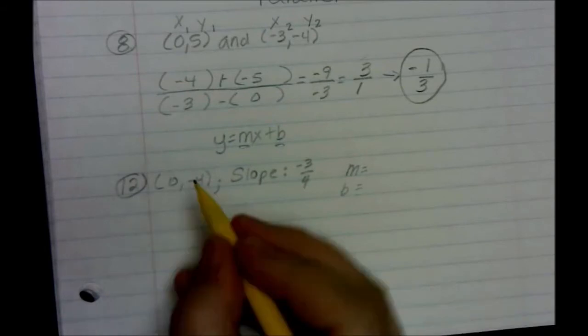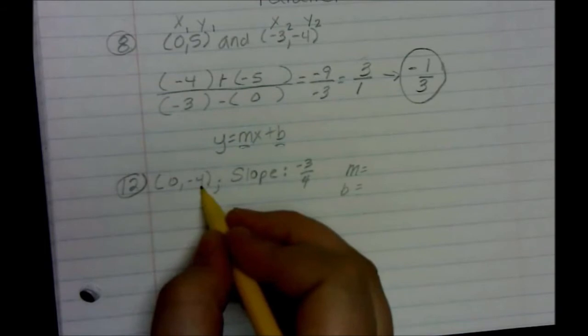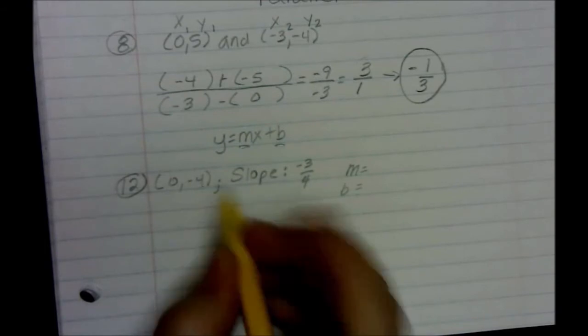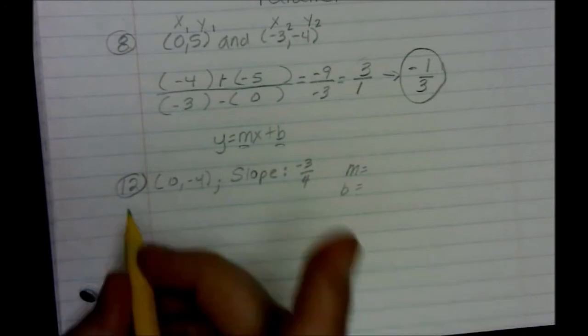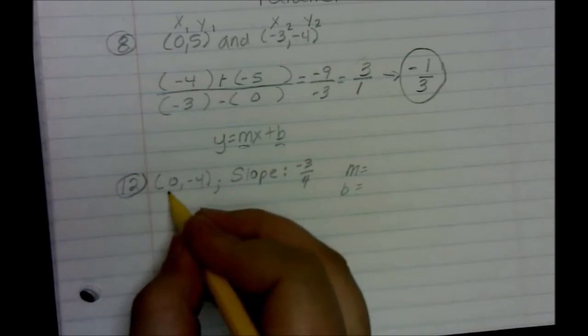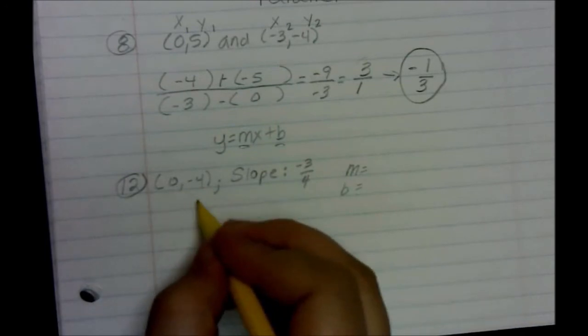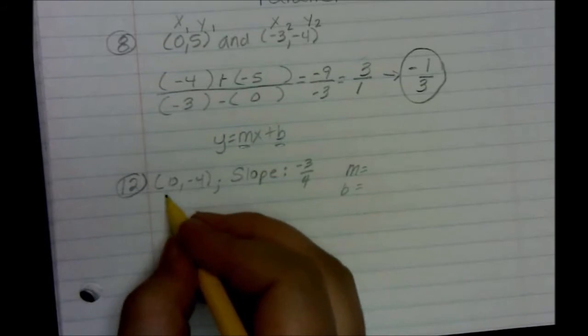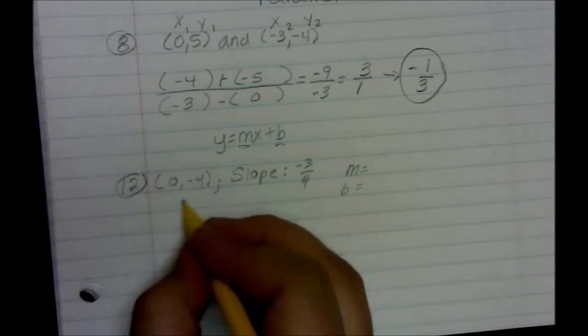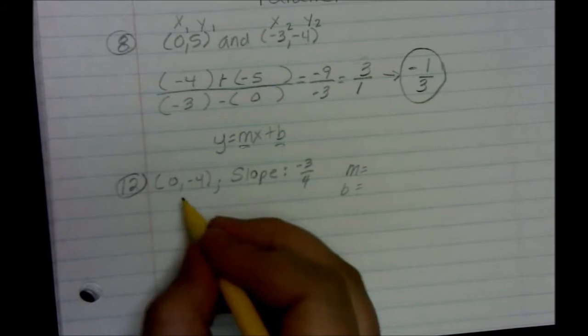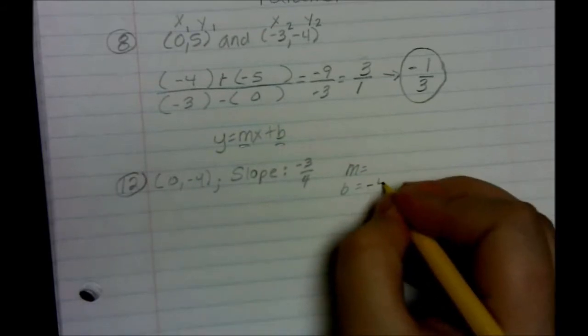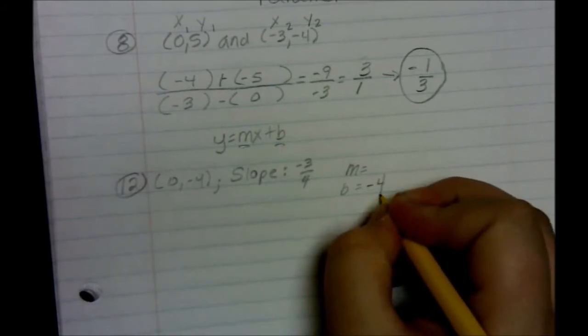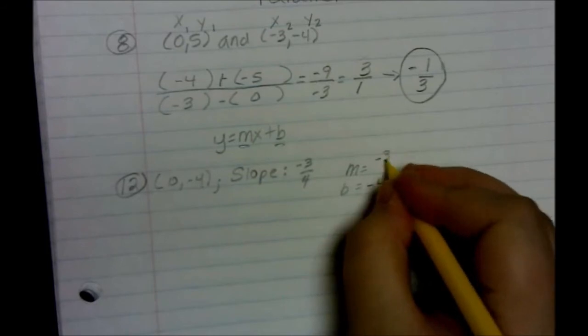Well, I've got 0, -4. In this problem, -4 is our y-intercept because we have a 0 for our x value and a number for our y value. Anytime you have a 0 for your x value, you know this is going to be your y-intercept. So my b is -4, and my slope is -3/4.